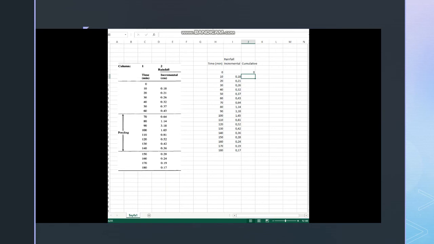Each cell is equal to the previous cumulative value plus the incremental rainfall. The first position is 0.18, and then when we scroll down, for example, if we want to calculate here, this one plus this one, 0.37 plus 0.97, gives us 1.34 centimeters of rainfall.